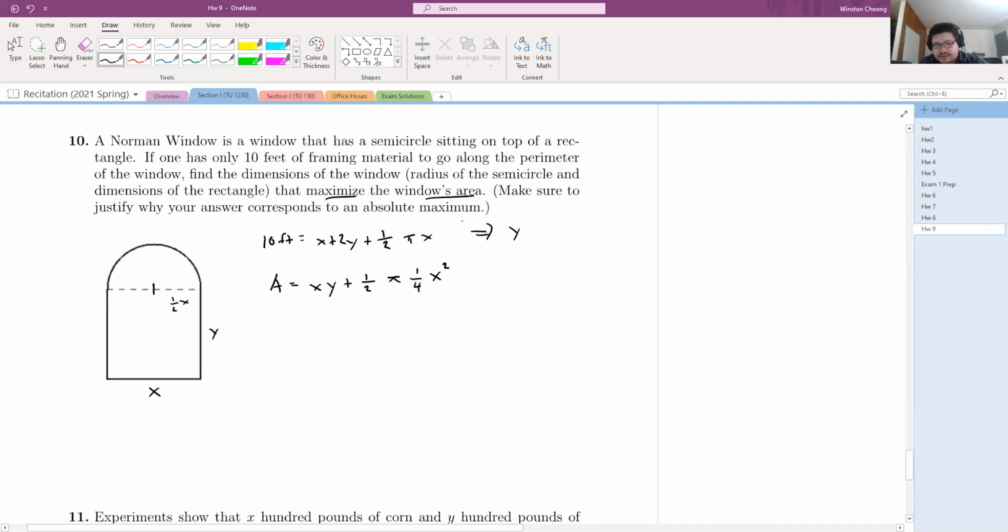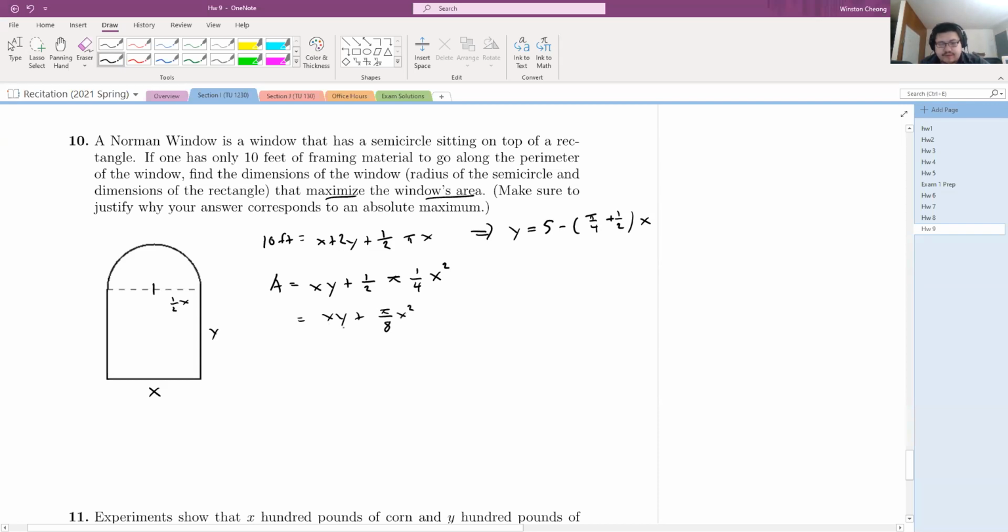So if you do a bit of algebra, you're going to get y is equal to 5 minus (pi over 4 plus 1/2) x. Okay, so with this area formula, you can just clean that up a little bit. So that's pi over 8 x squared.